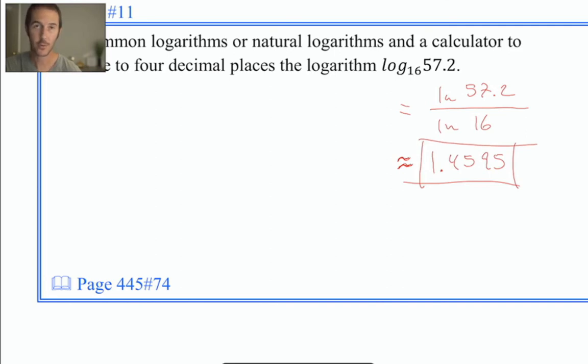You can't answer those problems without a calculator, so don't forget your calculator if you're going to a quiz or a test where you have to do one of those problems. And definitely practice expanding and then condensing those logarithmic statements. Remember, if it's got a minus sign in front of the log, take the argument and put it into the denominator. Okay, that tells you that that's where it came from, the denominator.